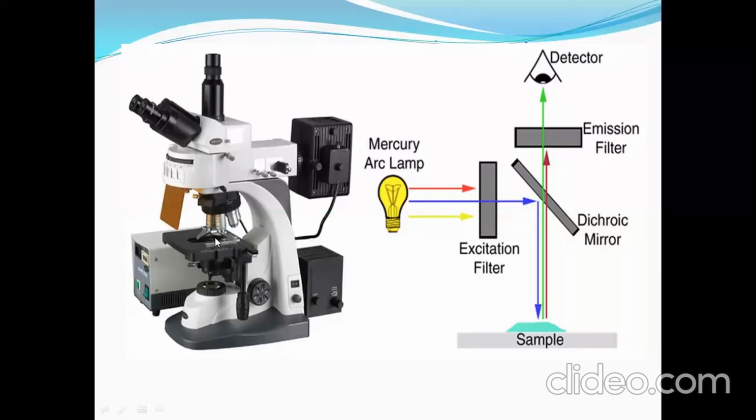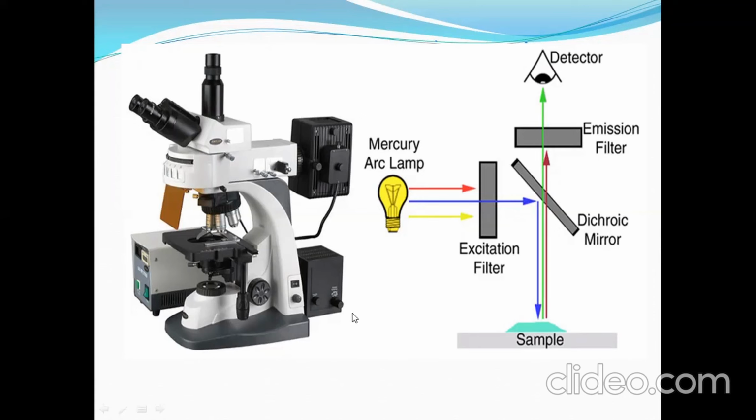It will excite the specimen, and after excitation it will emit light waves of higher wavelength, which pass through the dichroic mirror. Here the emission filter is placed, and ultimately it is viewed by our eyes, or it may be photographed through this part. Okay, am I clear?